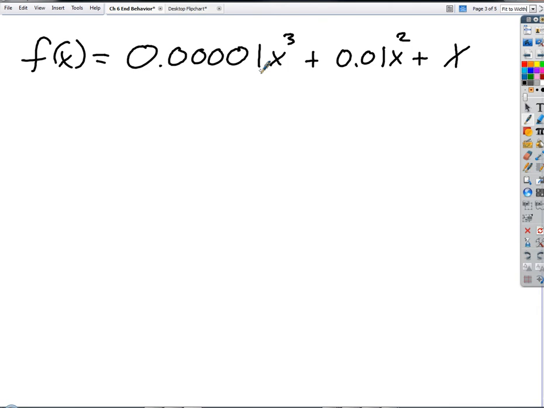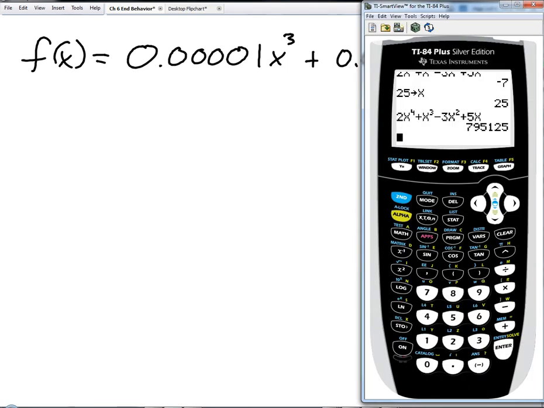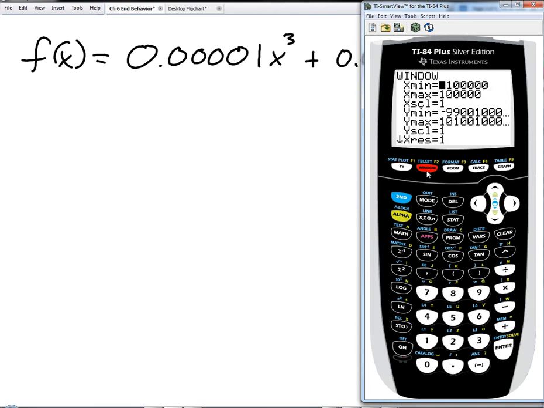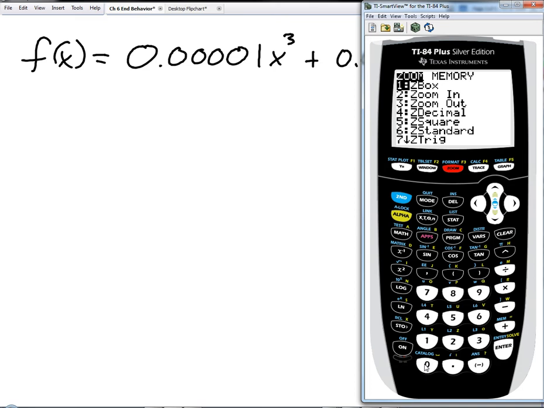So if I pull up my calculator, and I just happen to already have that function in here, what are the odds of that, right? It's all in there. Let's set our window this time to go from -1 to +1. And we'll just go zoom fit. And that's what we get.